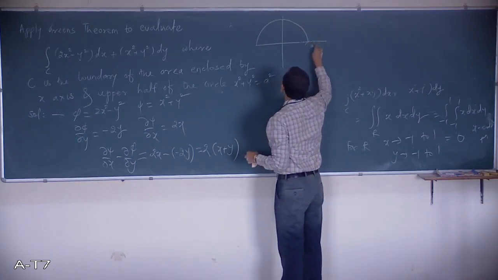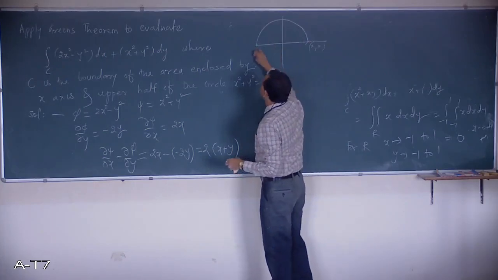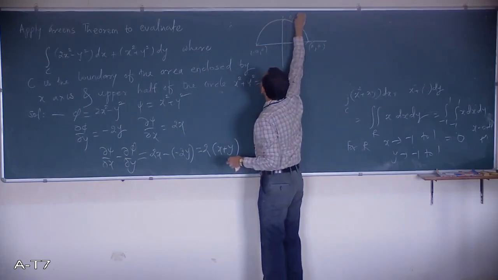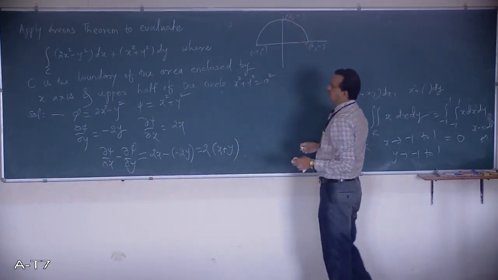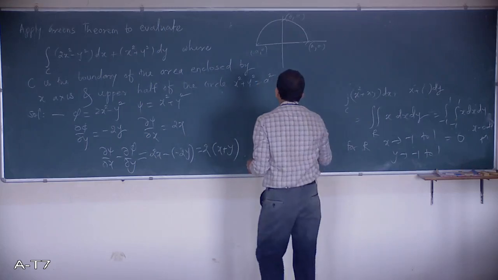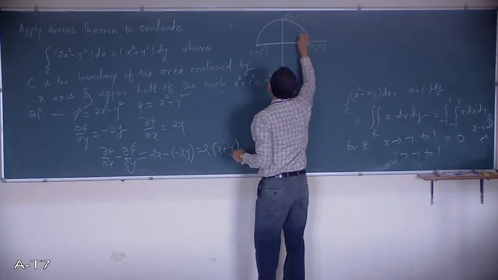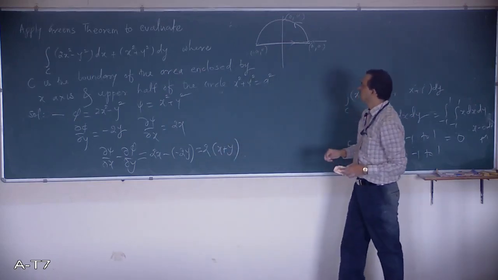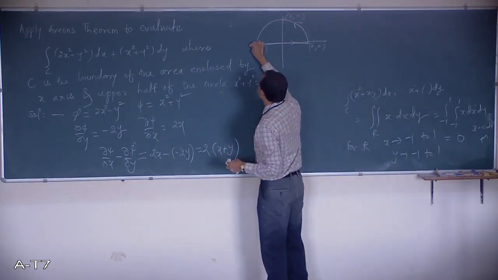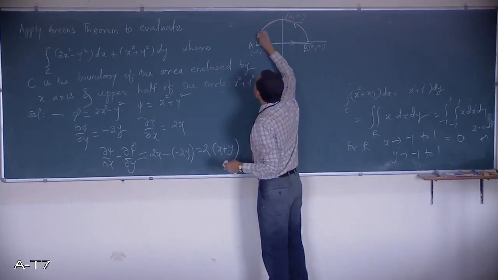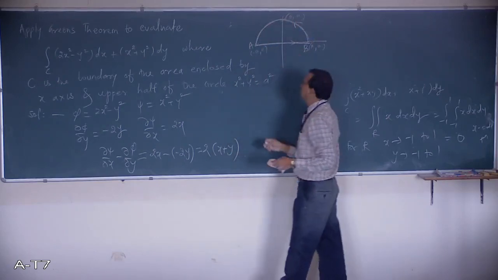This is also A, 0 and all that. Minus A, 0. And 0, A. See, the upper half of the circle they have mentioned, and the x-axis. So notice what are the boundaries of the curve. The first boundary is the straight line, you can say AB. The second boundary is that arc of the circle, AB.